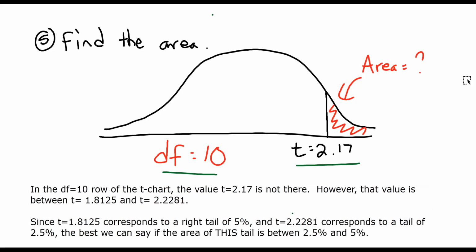Is there a way to get a more precise value for the area? Of course, but it would require technology, and since I'm not requiring everybody to have the same technology, we're not going to go there.